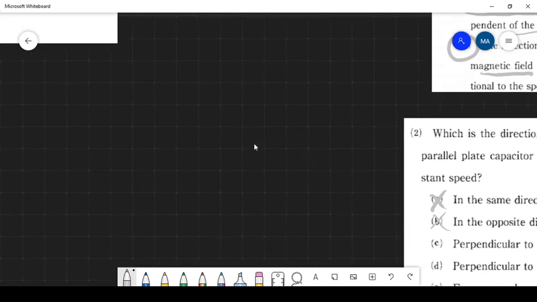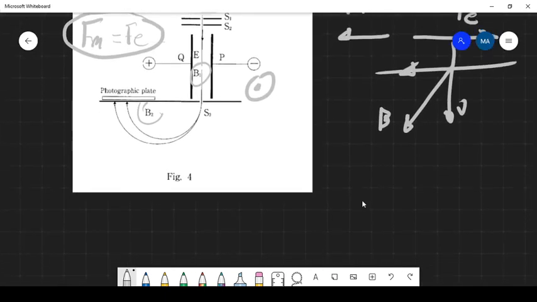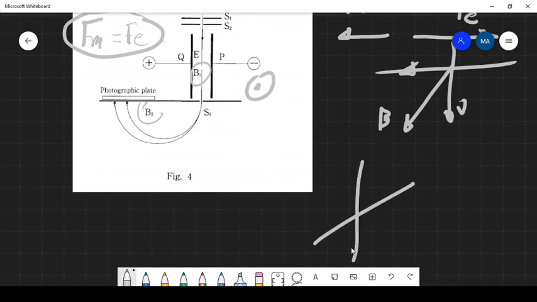If it was going into your screen, where would the velocity be? These 3D graphs that I'm doing are really bad, but even though they're bad, they help. If it was going into the screen, if this was B, we know for a fact we need the force to be over here. So where would our velocity be?